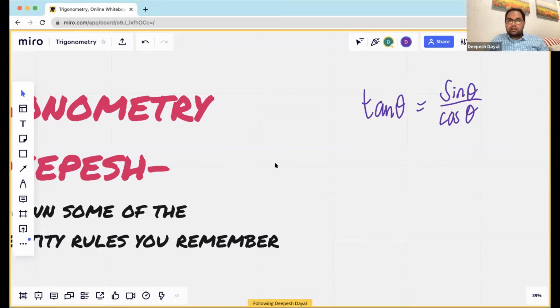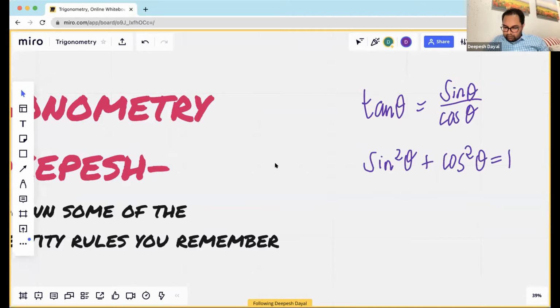I remember the one for cos squared theta is equal to 1 minus sine squared theta. Yes, correct. Or we can say sine squared theta plus cos squared theta equals 1, right? It's the same thing. Thank you. And we can rearrange this one as you say.